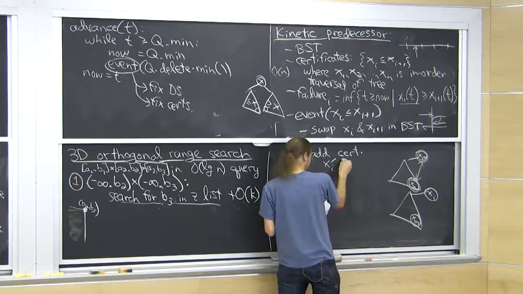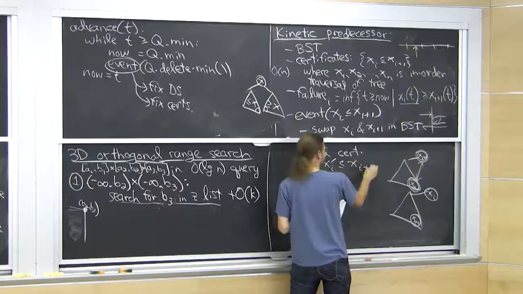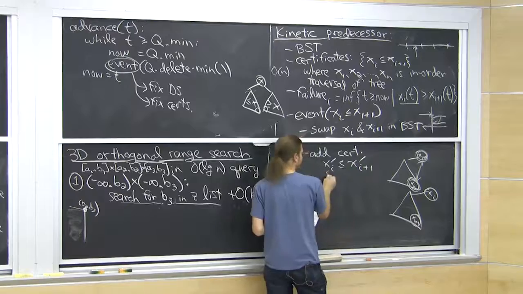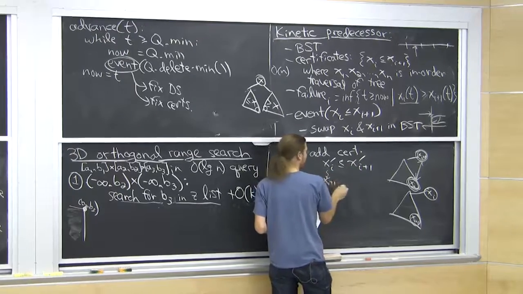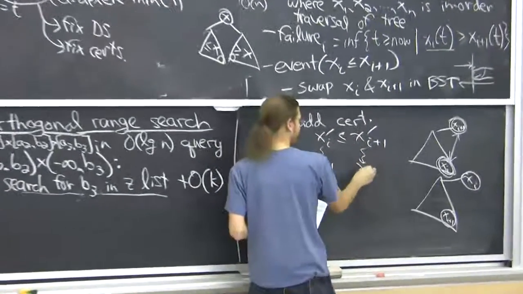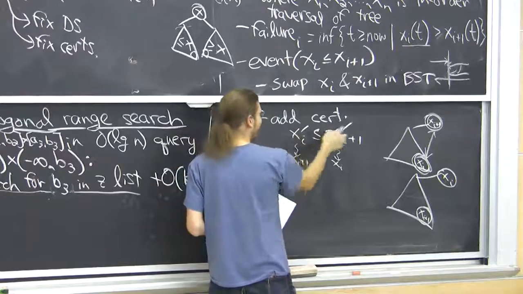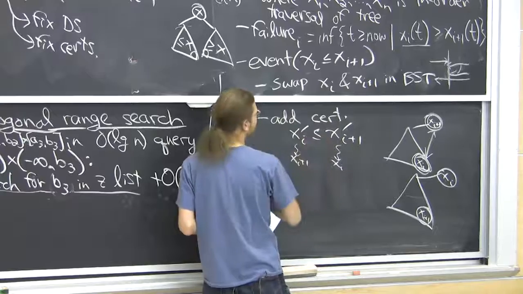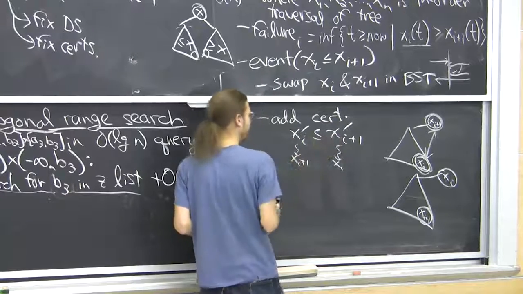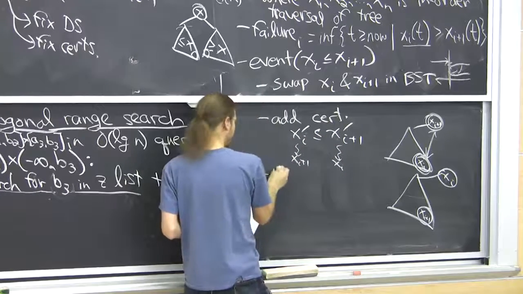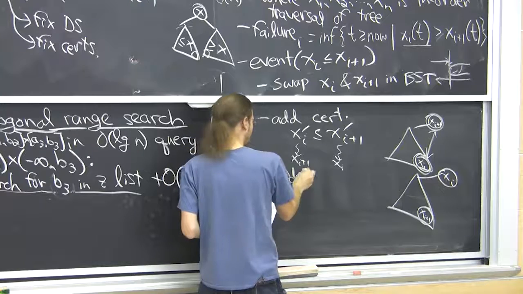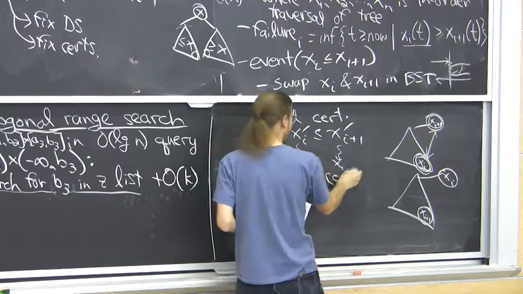I'm going to call it xi prime is less than or equal to xi plus 1 prime. So this is actually xi plus 1, formerly known as xi, but that would be really confusing. So I'm going to use the primes to be the new data structure, because this is always the kind of certificate we want. We also need to update certificates.